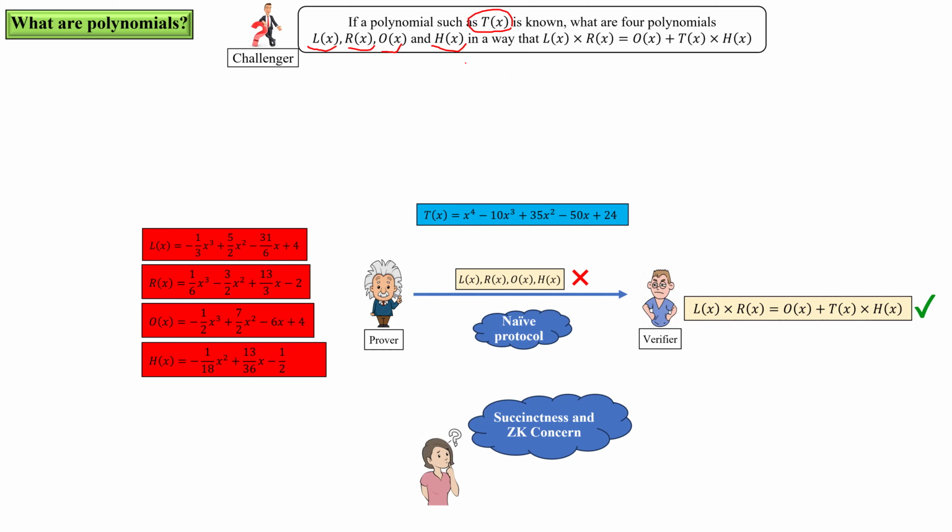So in the concept of ZKP, we are seeking a protocol where the prover is able to convince the verifier that I know these four polynomials without sharing these four polynomials with the verifier, right? So the whole goal of this lecture is to design such a protocol that allows the prover to convince the verifier without sharing the four polynomials.